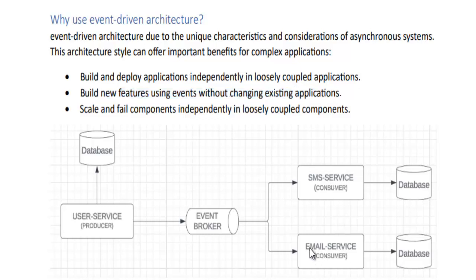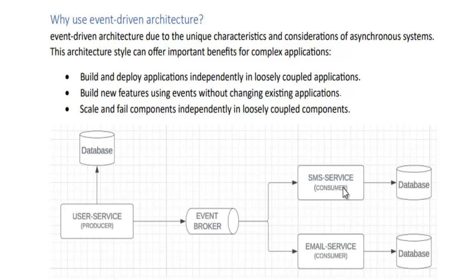If I want to change something in the SMS service, I don't need to downgrade the whole application system. If I want to upgrade the SMS service, I only need to upgrade that specific service, no need to upgrade the email service. So based on the service, I will go and directly upgrade that service.